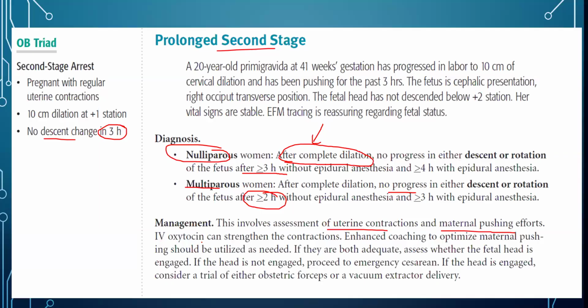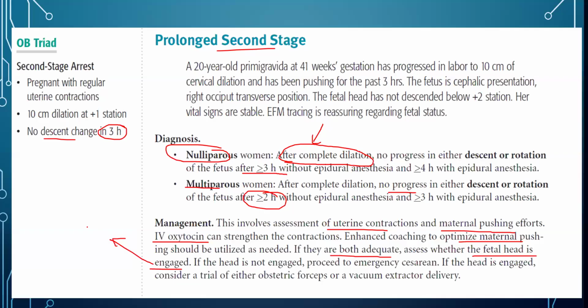If contraction is not good, you can give oxytocin. And you need to also encourage the mother to push harder. If maternal push and the contraction are both adequate, first find out what is the station of the baby. That means whether the baby's head is engaged.